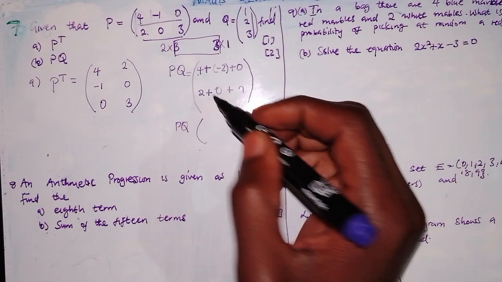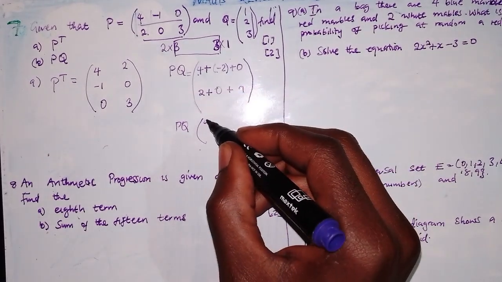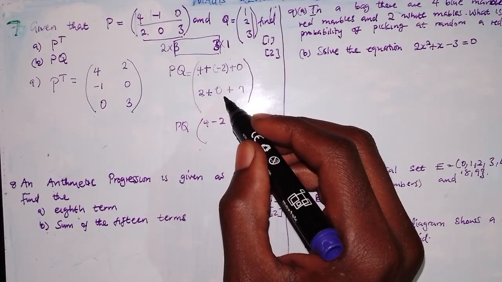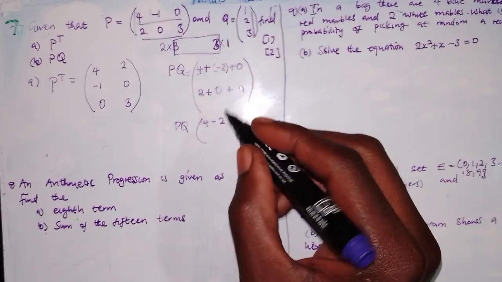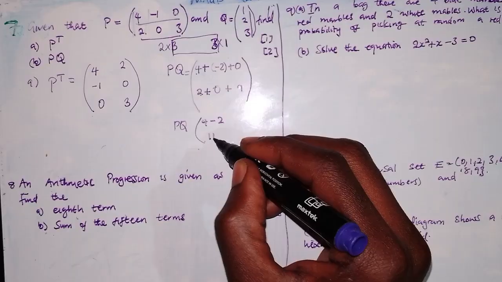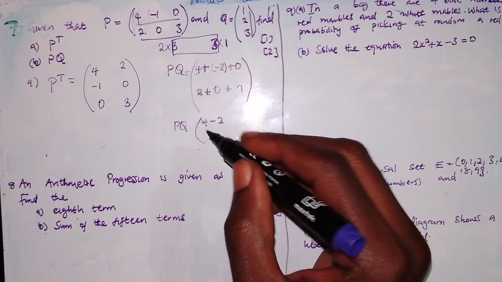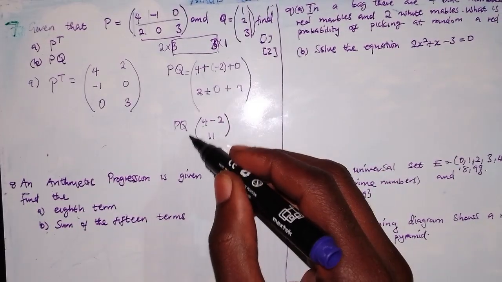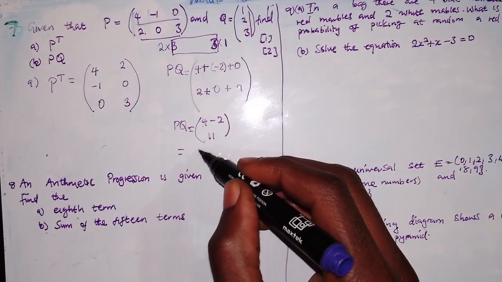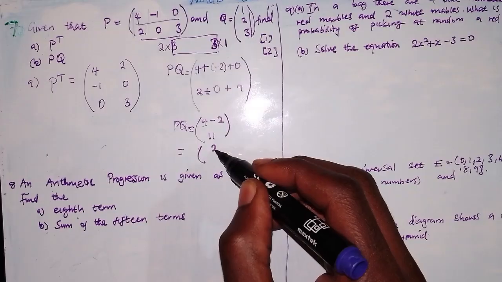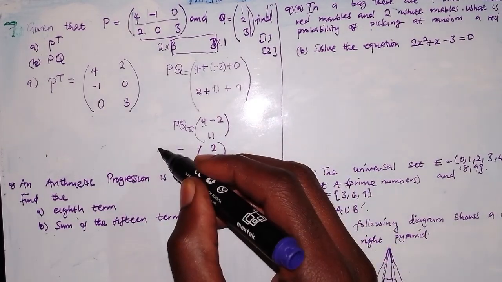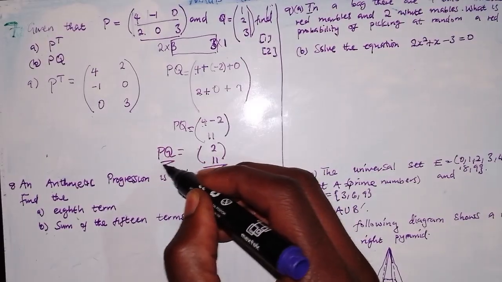Then our final answer when you add will be: 4 positive times negative is negative, so we have 4 minus 2. Then 2 plus 0 is 2, plus 9 it's 11. So 4 minus 2 is 2, and we have 11 as our final answer.